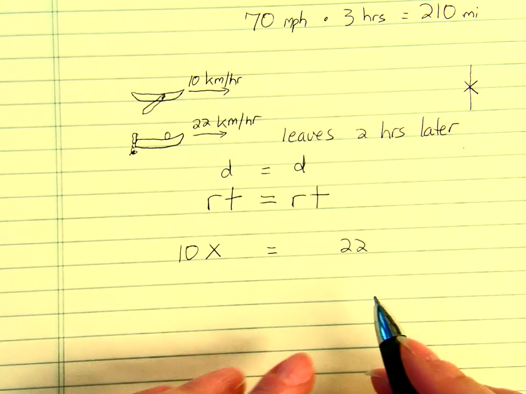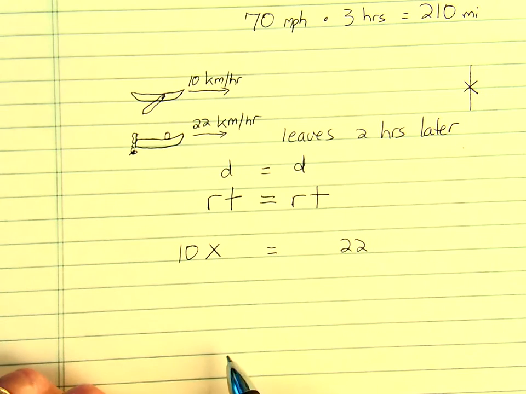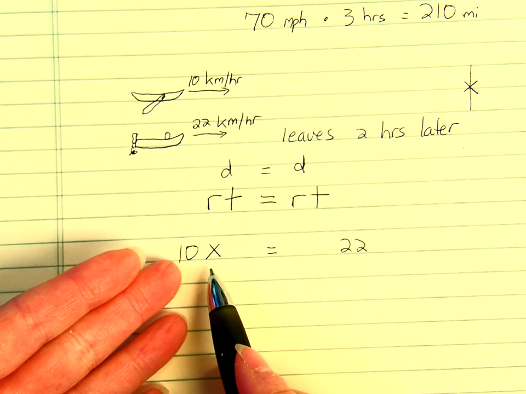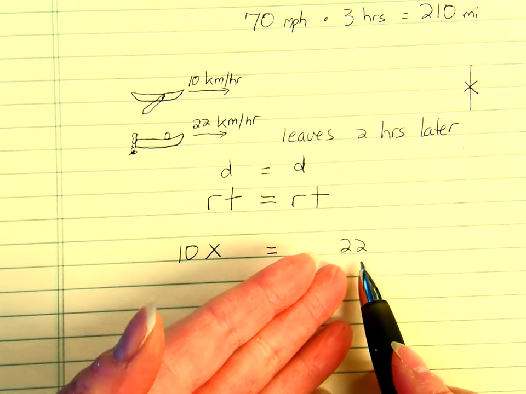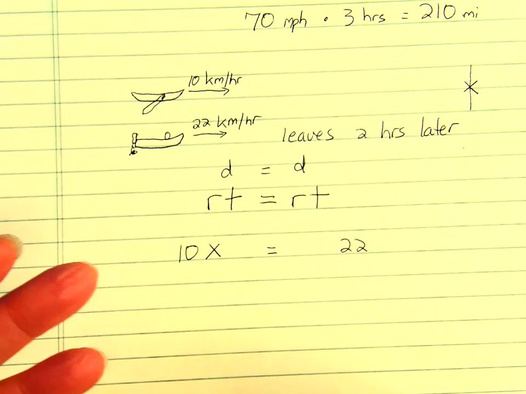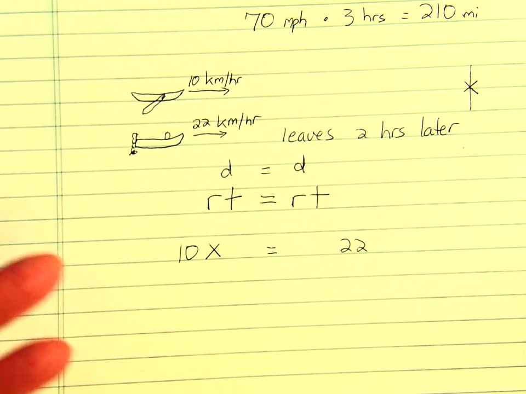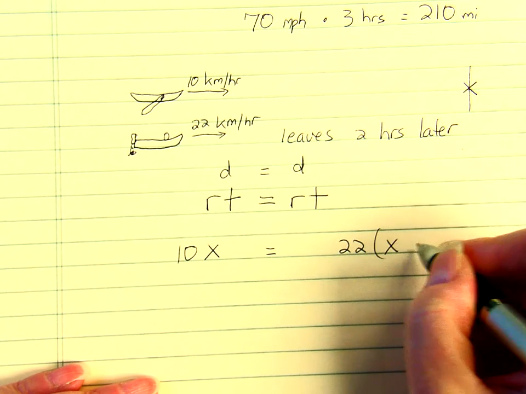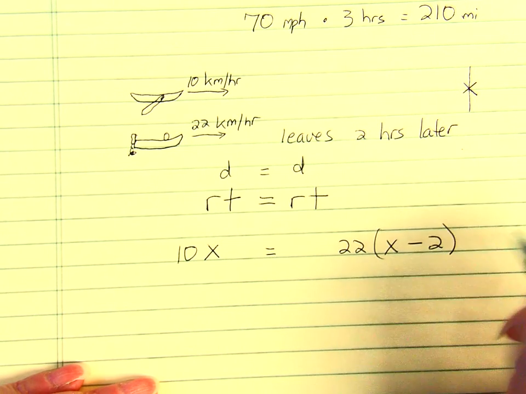For the motorboat, let's say x was 12 o'clock; he didn't leave till 2 o'clock. He doesn't have that 2 extra hours, so his time is x minus 2.